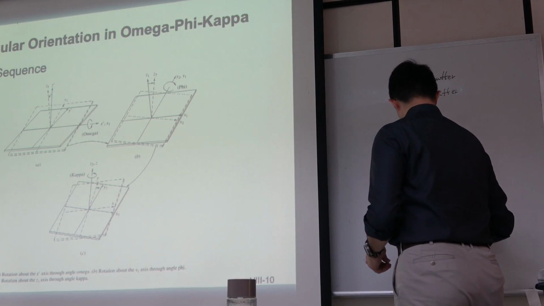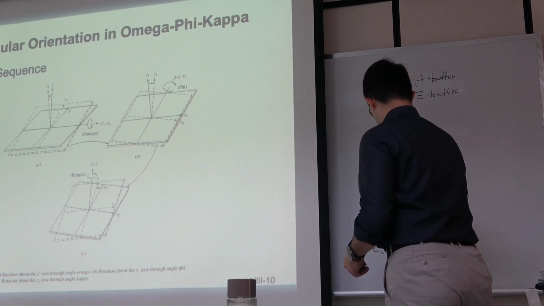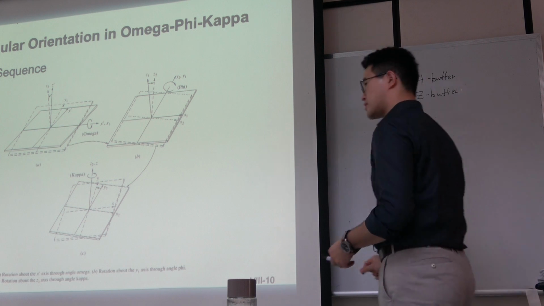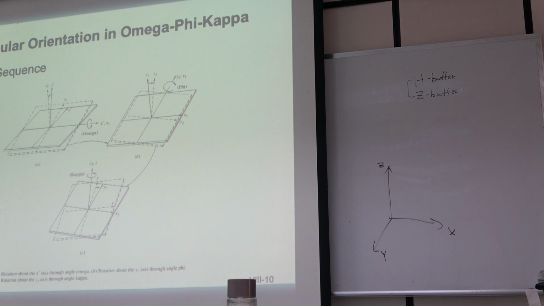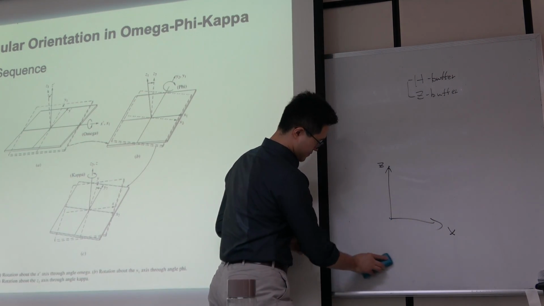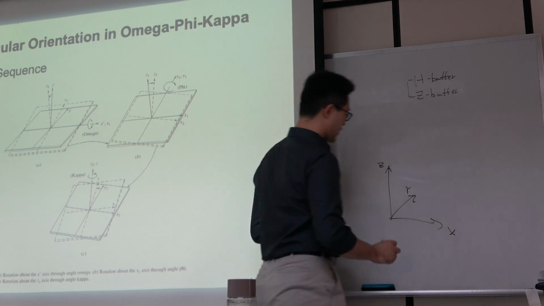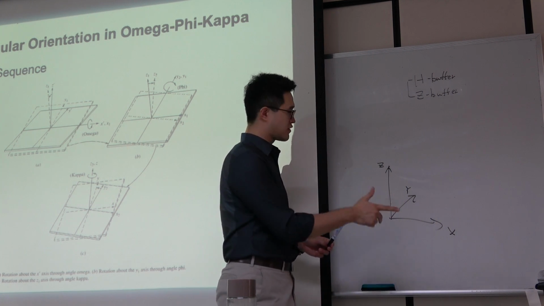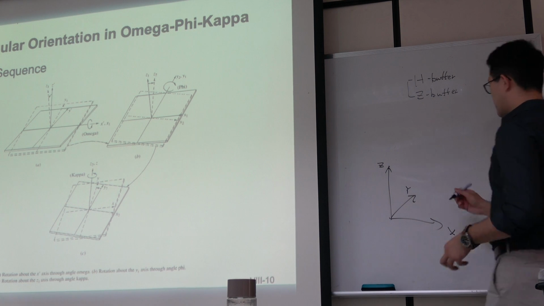Alright, so for example, sorry. So you have the x, y, and z axis for your object space coordinate system.